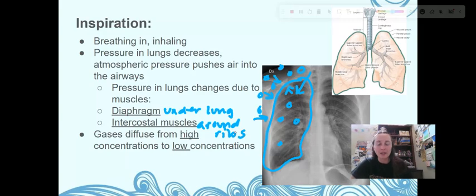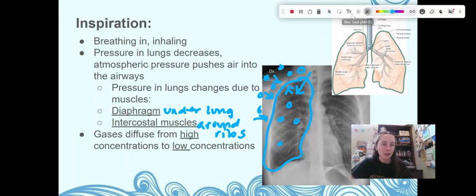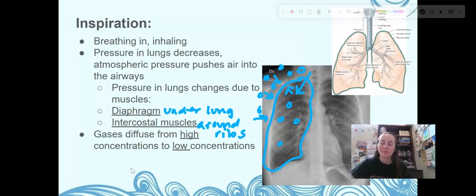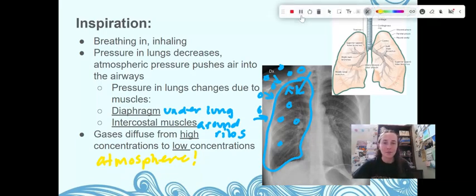And just like how our gases were diffusing from a high concentration to low concentration in the bloodstream, they're going to do the same thing from the outside air to the air inside the lungs. Just how we thought about this before, gases will do that in the atmosphere as well. That's what causes wind. So it's just wind that is going from the outside air into your lungs.